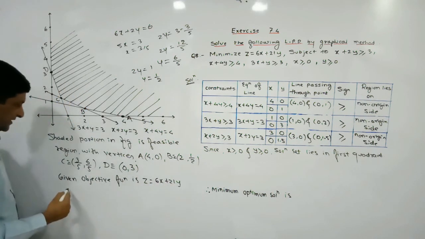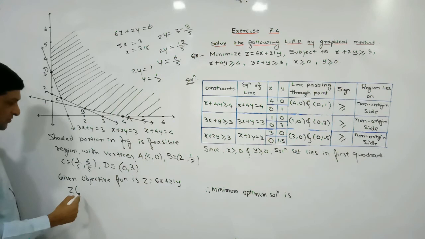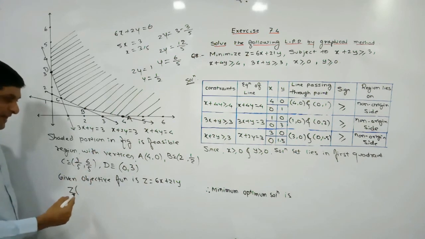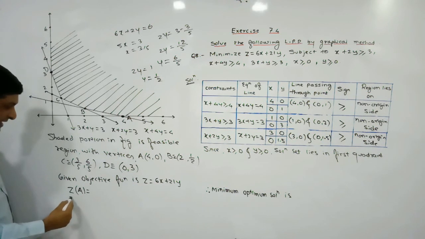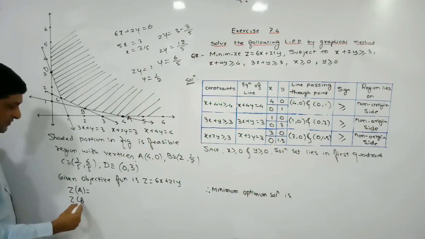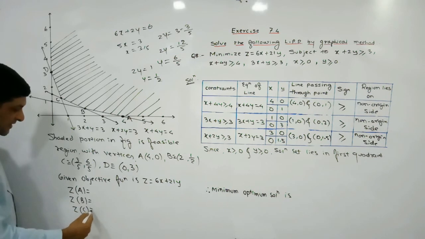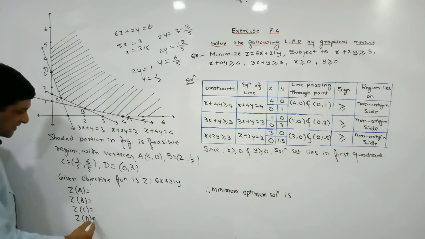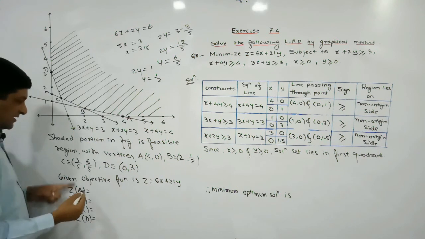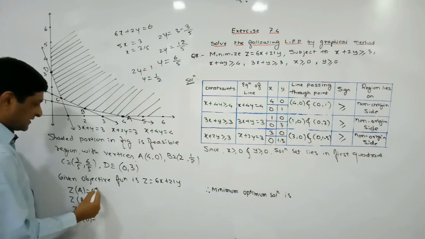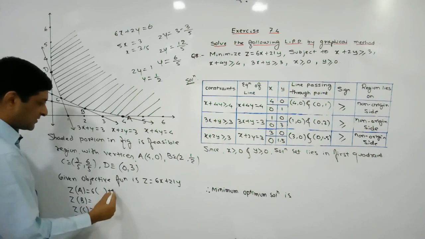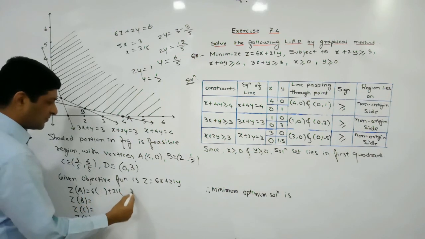Now we are finding the value of our objective function at all these 4 vertices. First find the value of the objective function at vertex A, then at vertex B, then at vertex C, and lastly at vertex D. What is the objective function? 6x plus 21y.